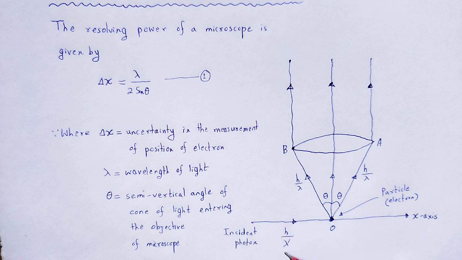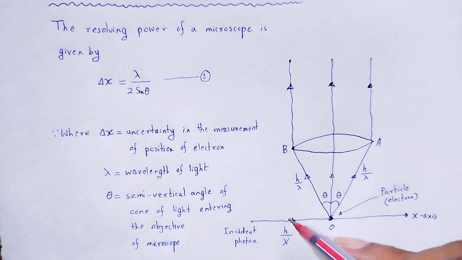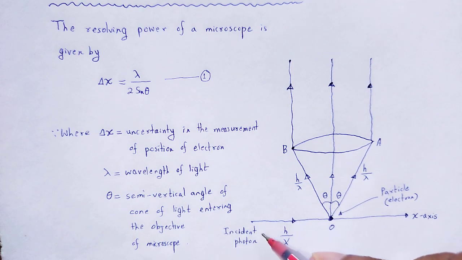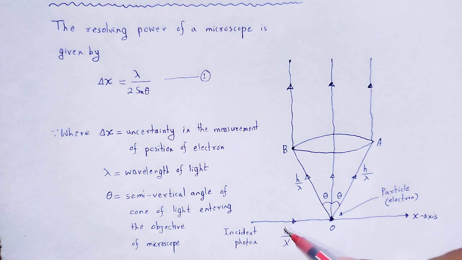According to the de Broglie hypothesis, the wave associated with the gamma ray, we call it a photon of gamma ray, that incident photon has the momentum h divided by lambda dash. Lambda dash is the wavelength associated with the photon of gamma ray.